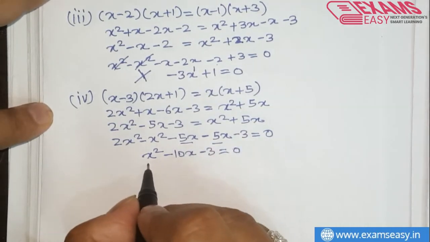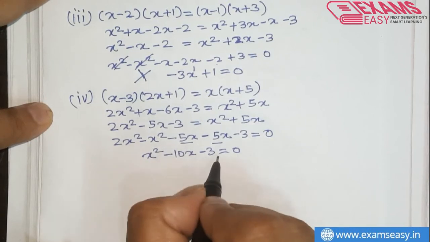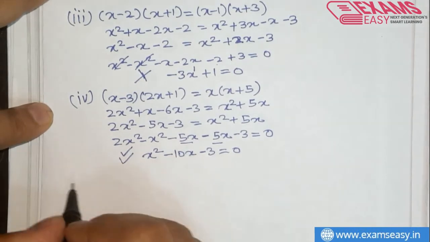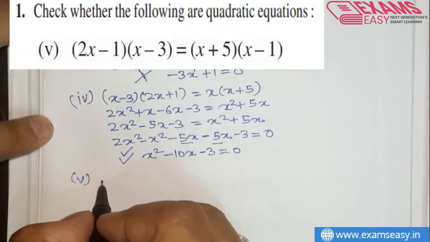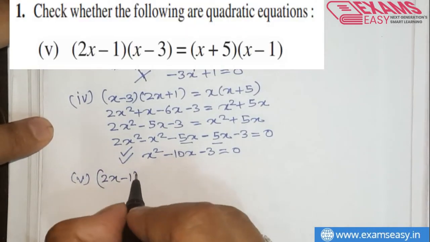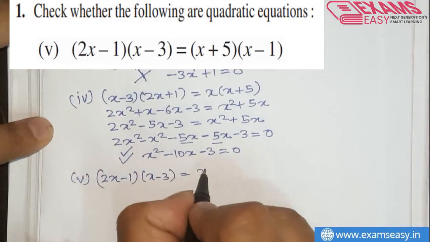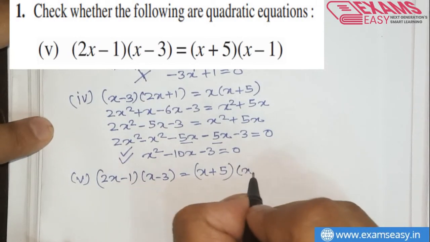So let us apply the condition. Since the maximum power of x is 2 and it has only one variable, the given expression is a quadratic expression. So let us try together the fifth question, which is nothing but (2x minus 1)(x minus 3) is equal to (x plus 5)(x minus 1).